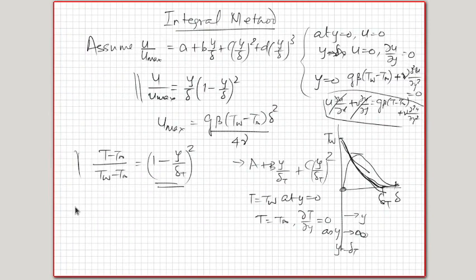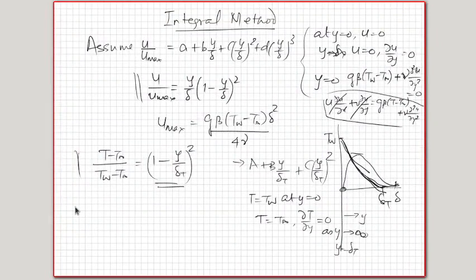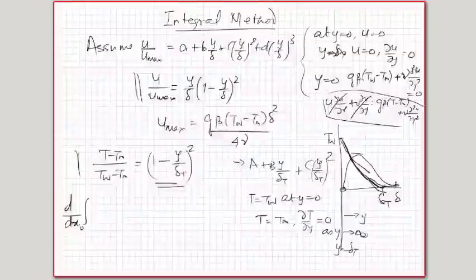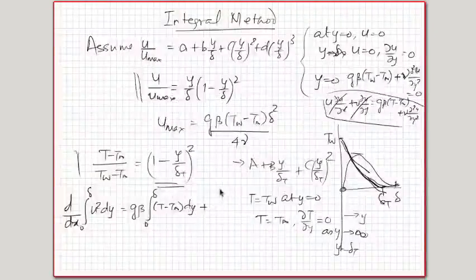If I integrate the equation, like we did in the forced convection case, across the boundary layer, I would get an equation which looks like d by dx of the integral from 0 to delta, or it can be infinity also, of u squared dy, is equal to g beta times the integral from 0 to delta of T minus T infinity dy, plus this term, which will have mu del square u by del y square.